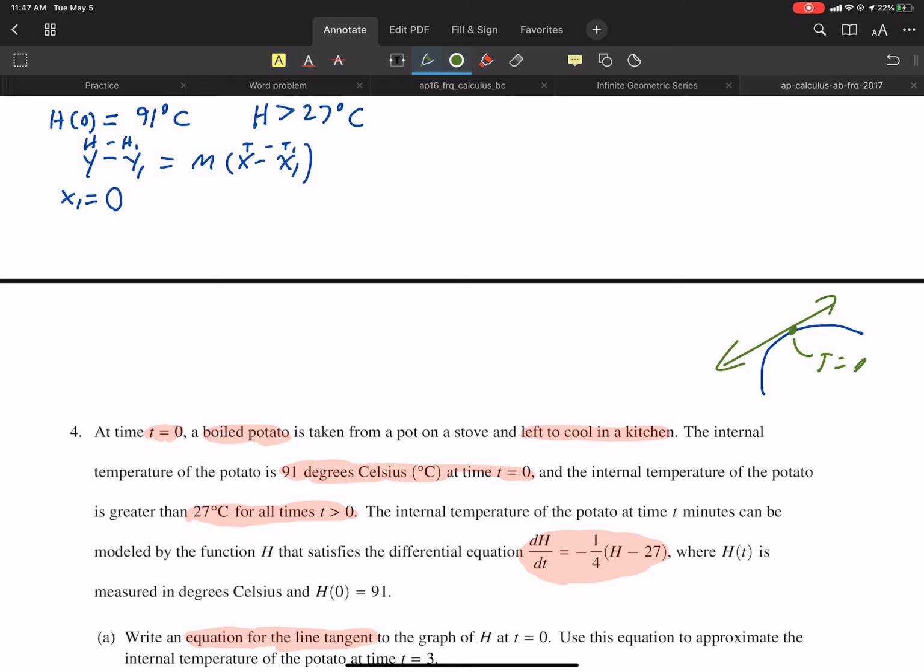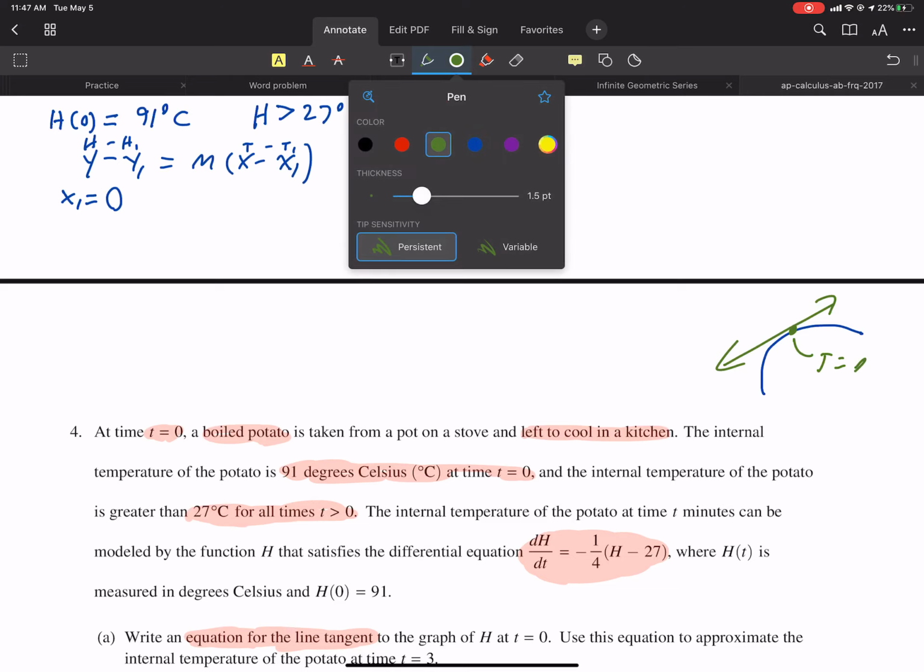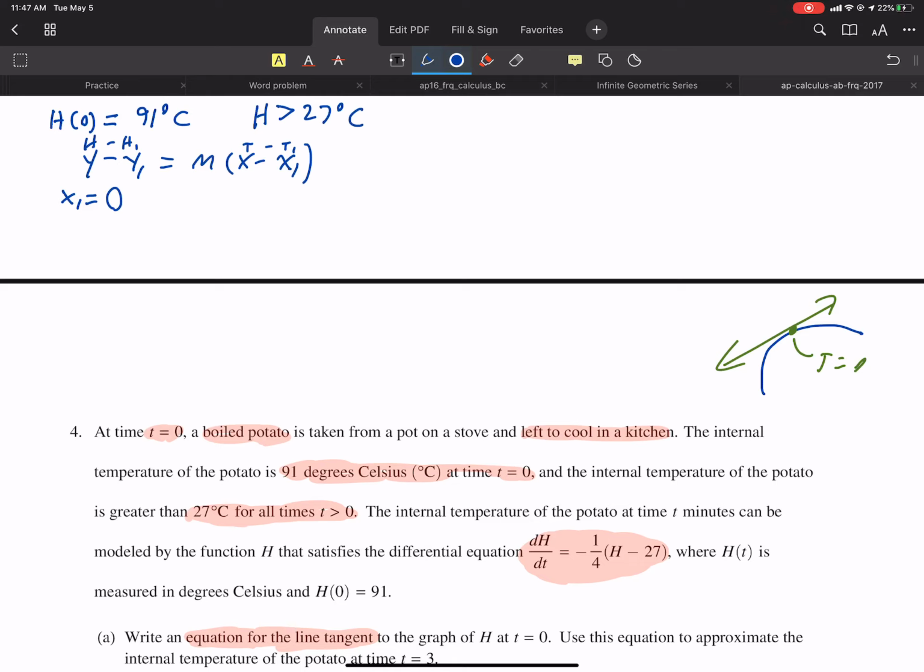So what is your y at that point? So here's a question. When t is 0, what is y or h? Look, I wrote that down right here, 91. So your h1, which is our y1, is 91. And the next step is, how do we find the slope of the tangent line?